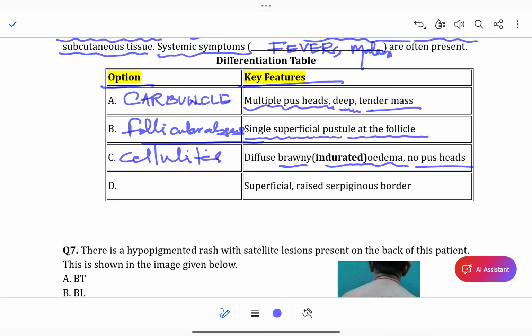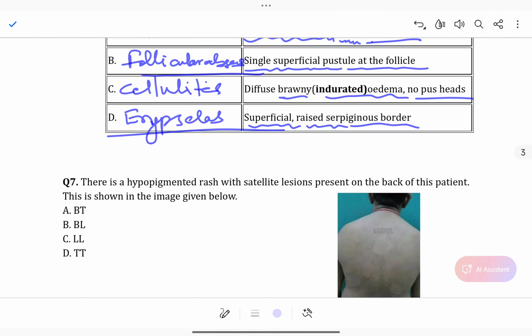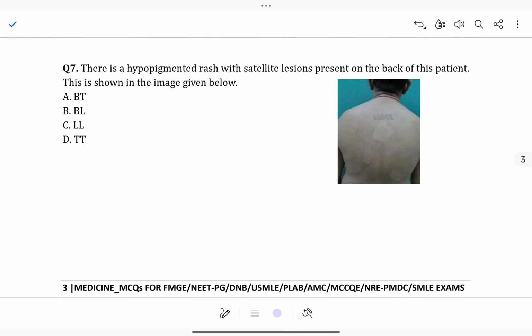Option D, superficial raised serpiginous border, is erysipelas. Okay. We finished question 6.